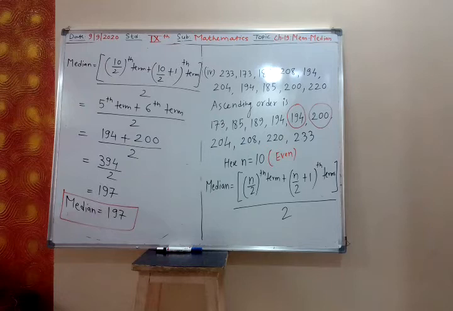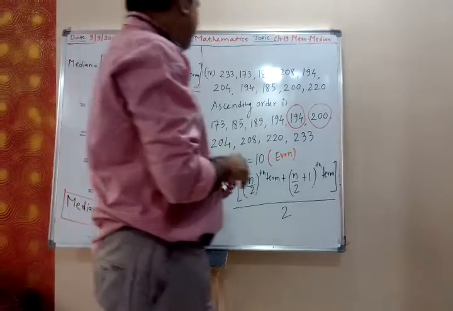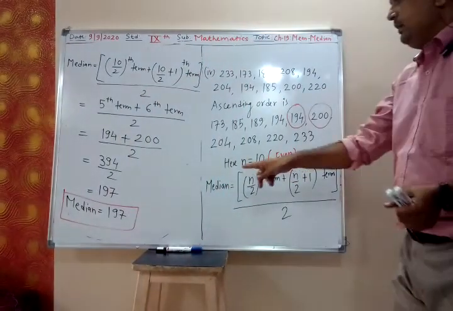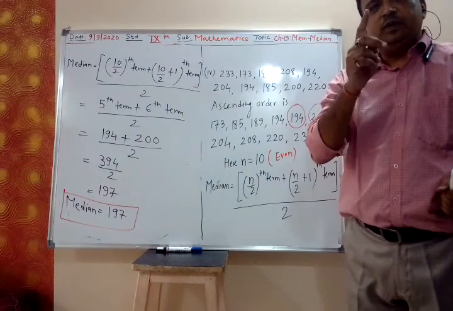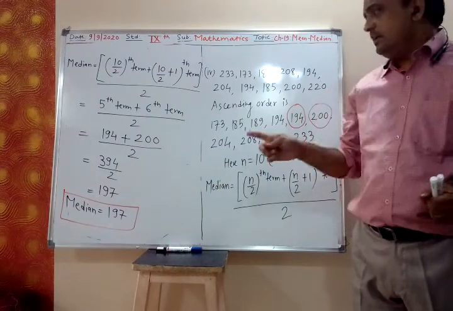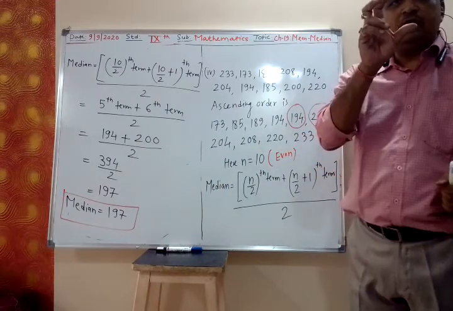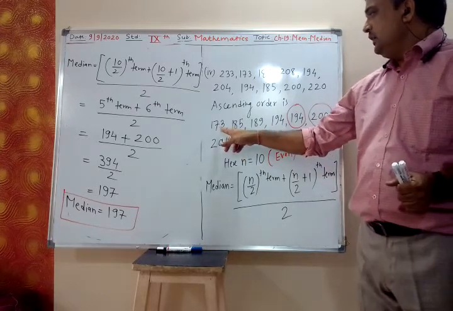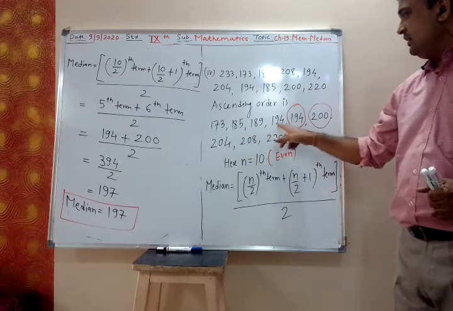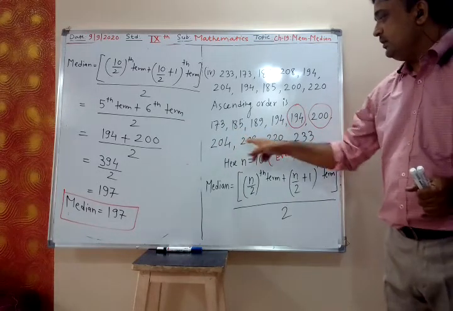197, correct? So what one observation are we making? See here, my median is 197. But whether that 197 value is there in the table, whichever numbers are given, is 197 there in that list? Whichever numbers are given there, 197 is not there.